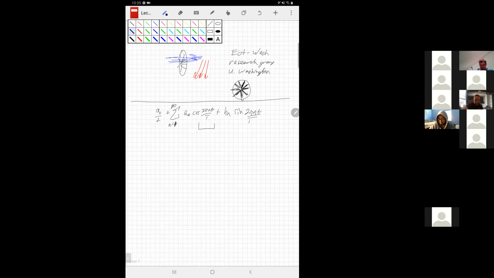Or some people will write this as 2 pi nu naught times t, where this is nu, a Greek letter that looks just like v. But it's not, it produces endless confusion. Or 2 pi f naught nt.